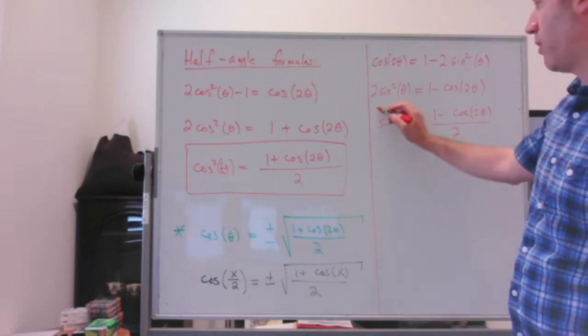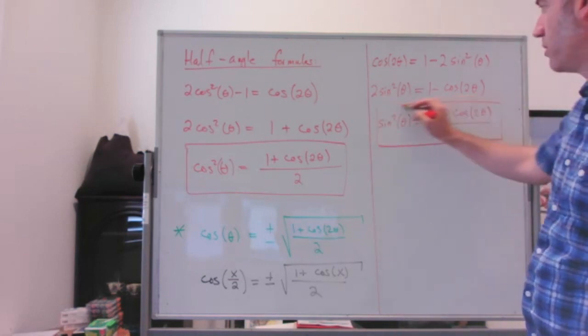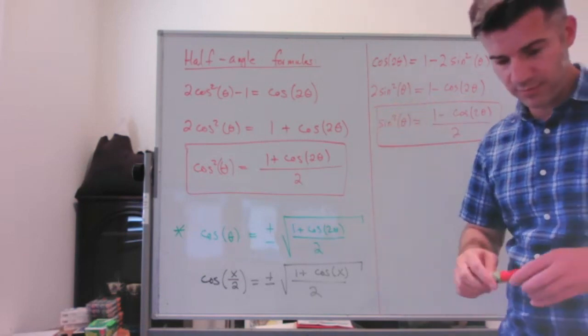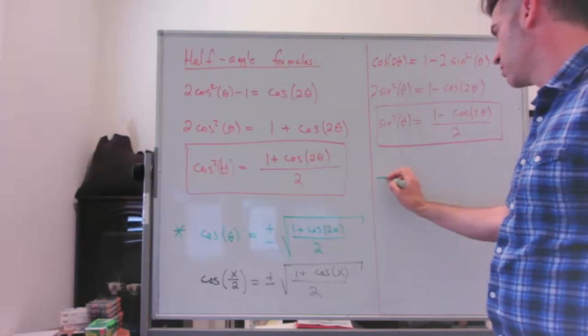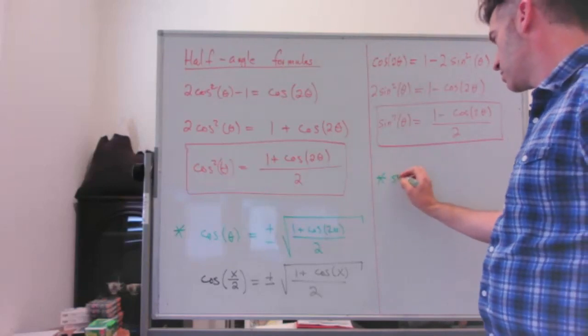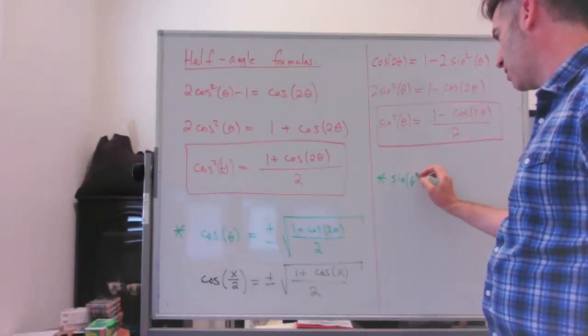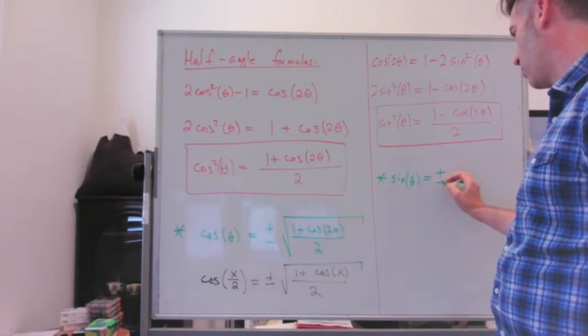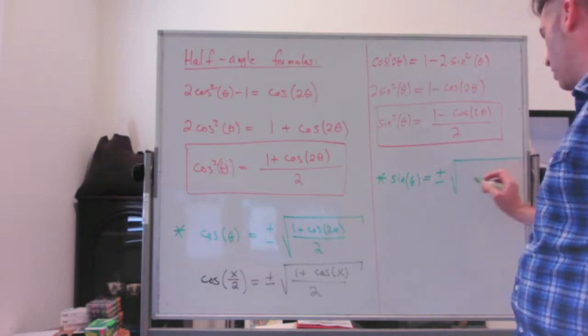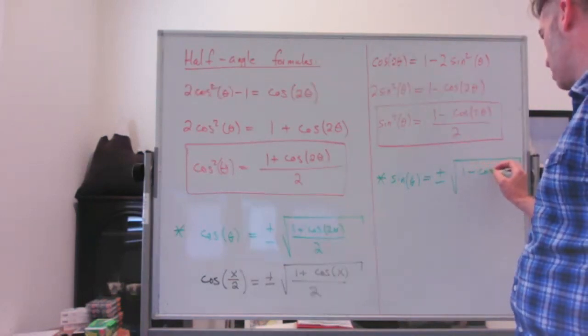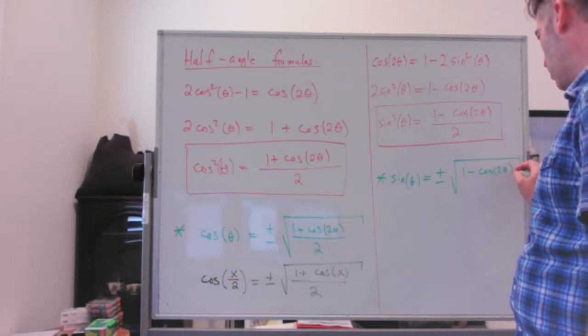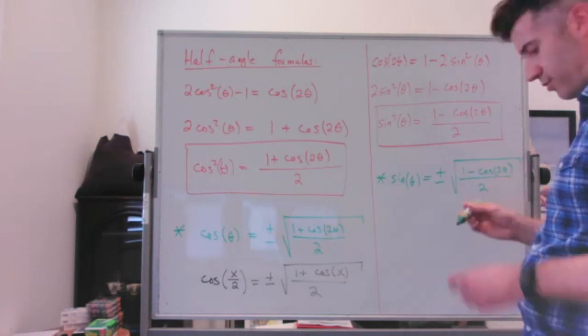Oh, and I'm going to point out, this is a useful formula as well. This comes up quite often. And then if we square root both sides, we get sine of theta equal to plus or minus the square root of 1 minus cosine of 2 theta all over 2.